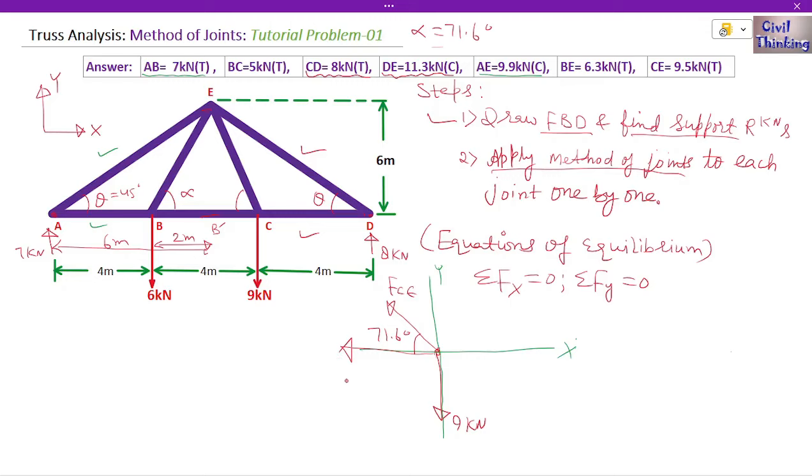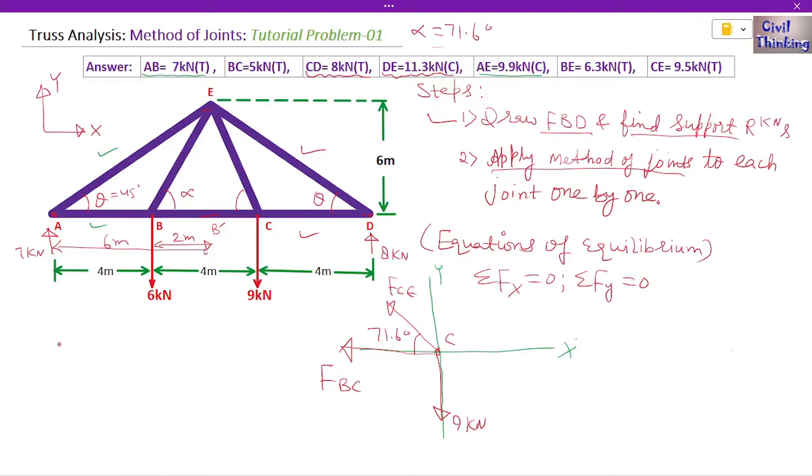Tensile means away from the joint. This is the force in BC. So did we write all the member forces at joint C? Yes. We have also considered the 9 kilonewton force. So the free body diagram of joint C is complete.